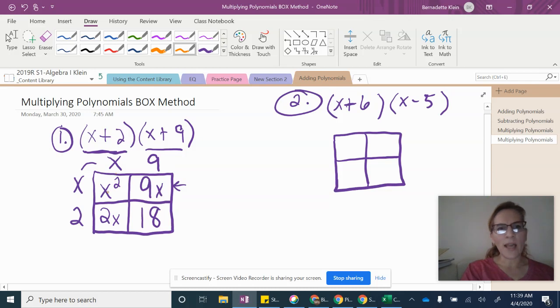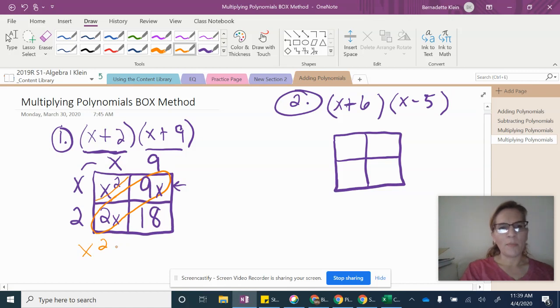Does x squared have any twins on the inside of the box? It doesn't. So we're just going to take it all by itself and bring it down into the answer. x squared is by itself. But as you can see, I do have 2 that have a number and a letter. 2x plus 9x on the inside of the box we're adding.